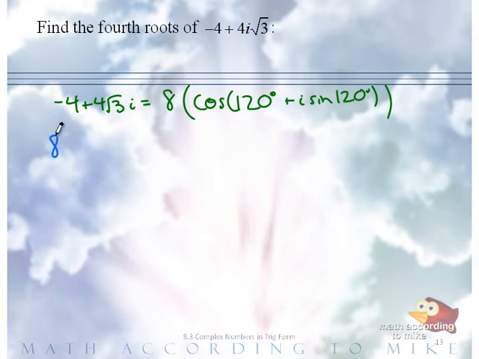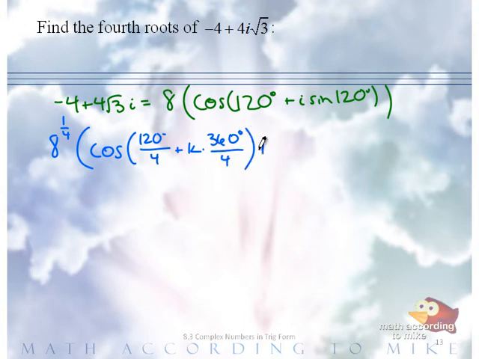So we're going to have 8 to the 1 over 4 times the cosine of 120 degrees over 4 plus k times 360 degrees over 4, and the same argument for sine.